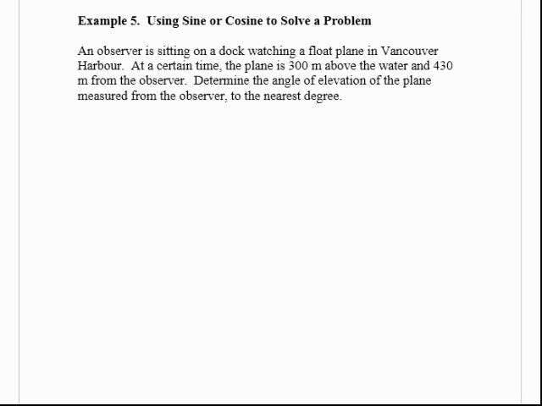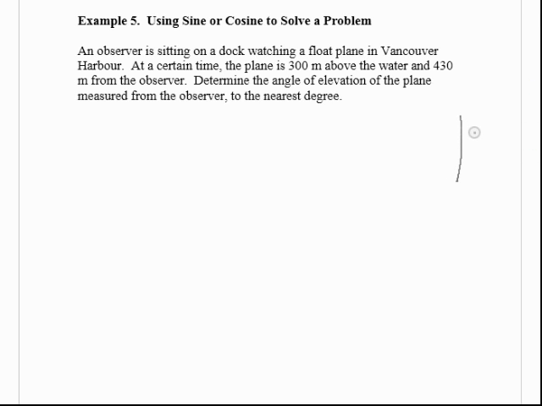Okay, let's do example 5, using sine or cosine to solve a problem. An observer is sitting on a dock watching a float plane in Vancouver Harbor. At a certain time, the plane is 300 meters above the water and 430 meters from the observer. So we need to draw that picture.